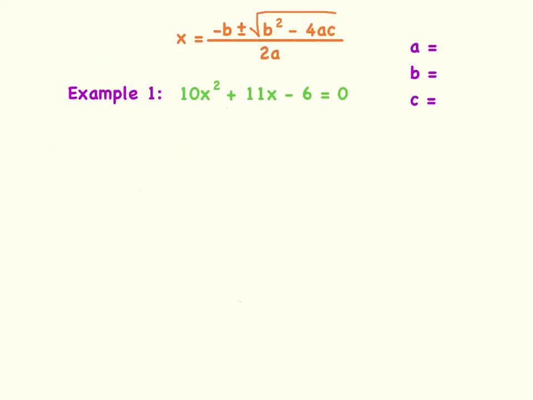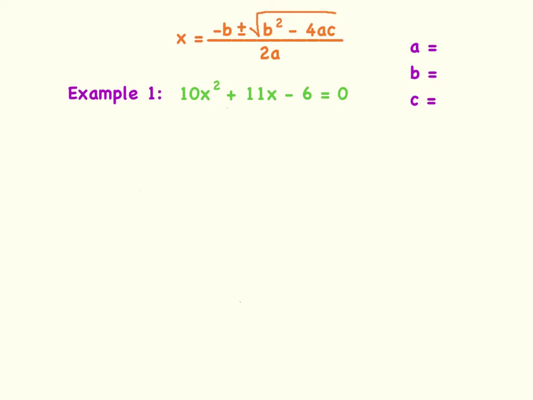At the top of this screen is the quadratic formula. x equals negative b plus or minus the square root of b squared minus 4 times a times c. All of this is divided by 2 times a. So let's use the quadratic formula with example 1.